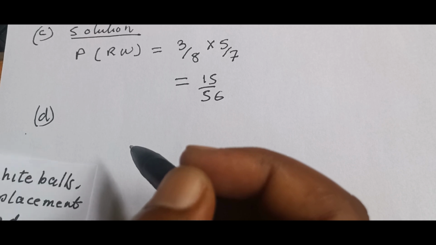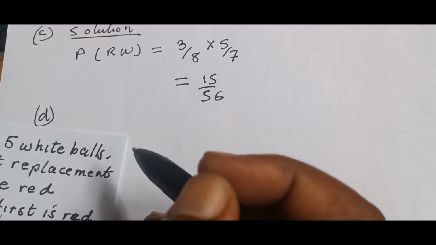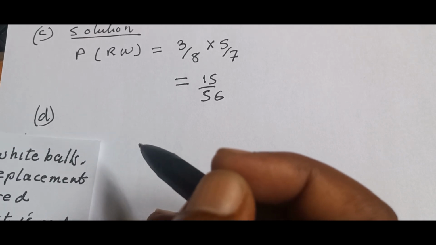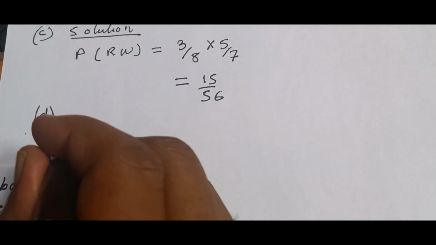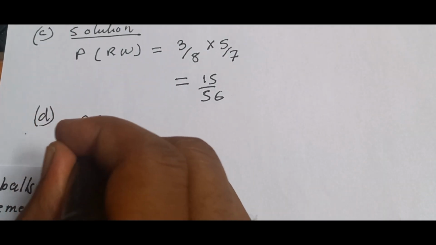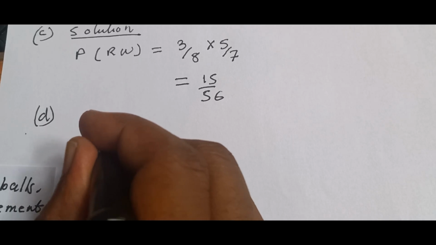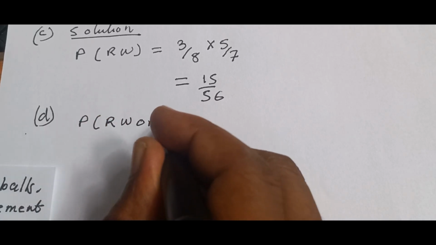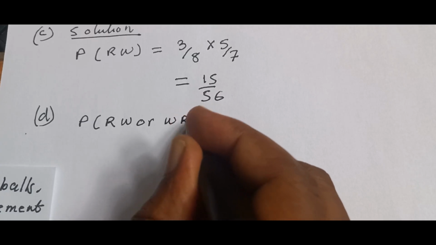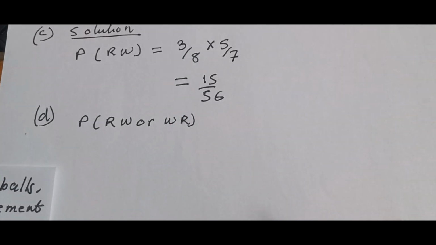Okay, let us finish with part D. In part D, we are told to find the probability that one is red and the other is white. That is, it can be red, white, or white, red. The first can be white, the second can be red.